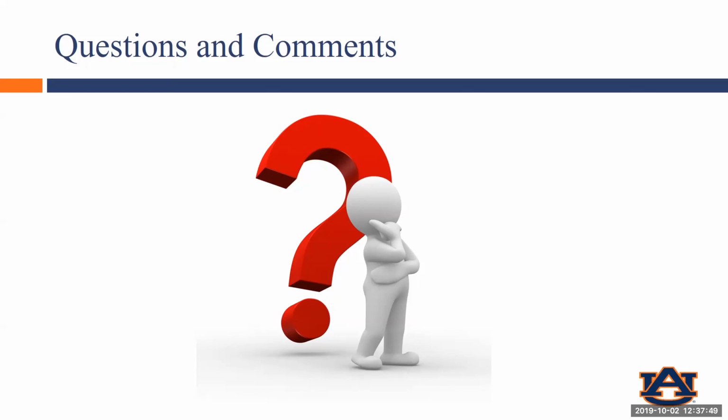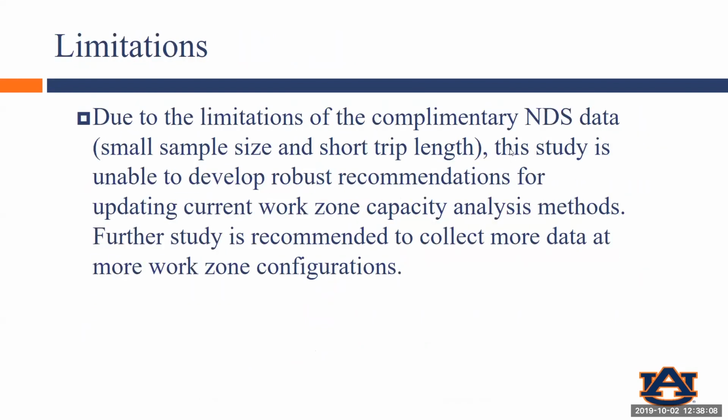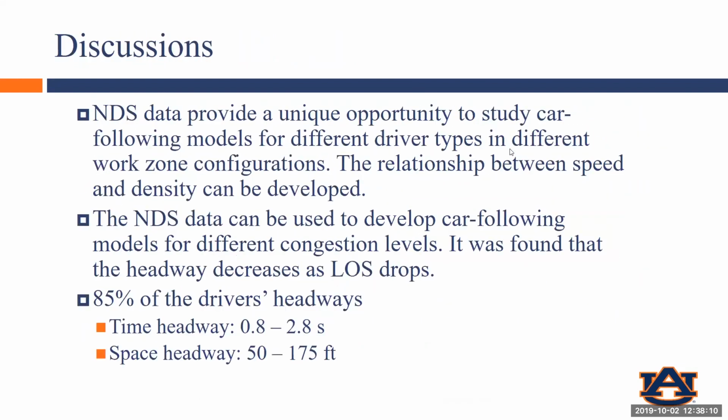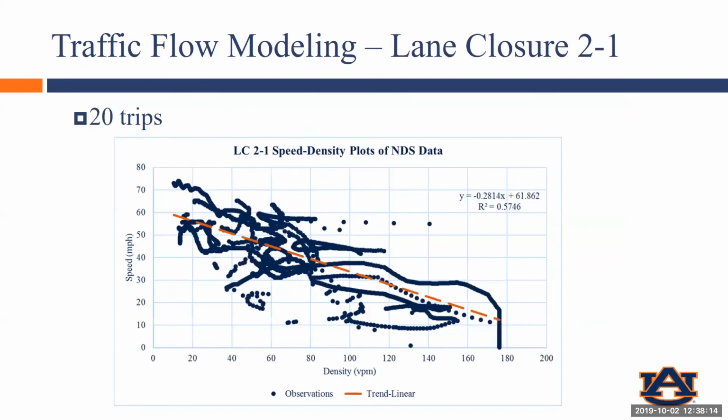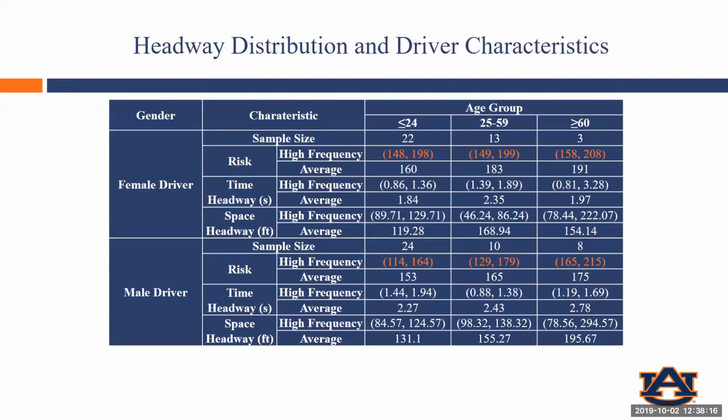I don't know how many male drivers we have. Dan, do you still remember how many female drivers we have? I think we have more male drivers than female drivers, right? We have that table on page 33. For female drivers, younger than 24, the number is 22, and middle age is 13.